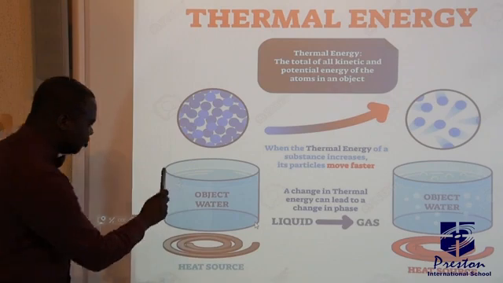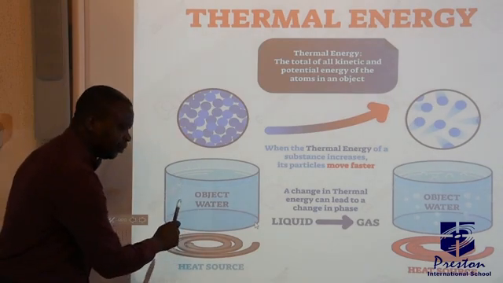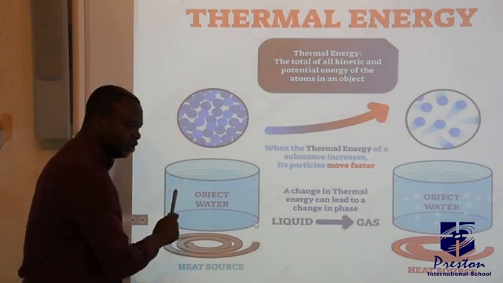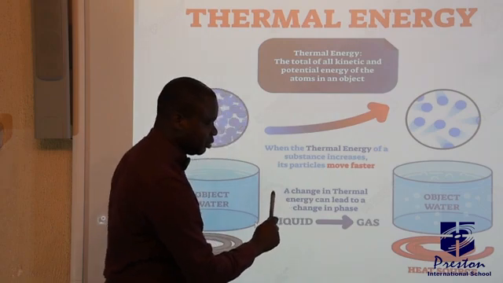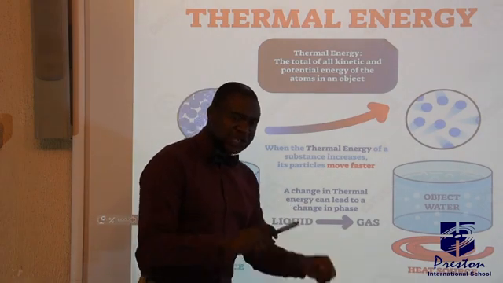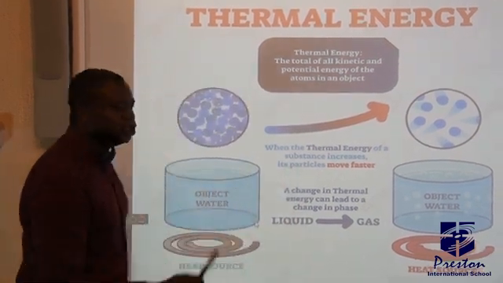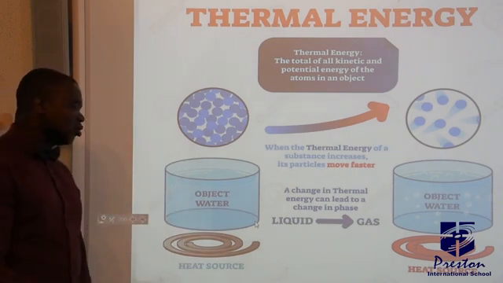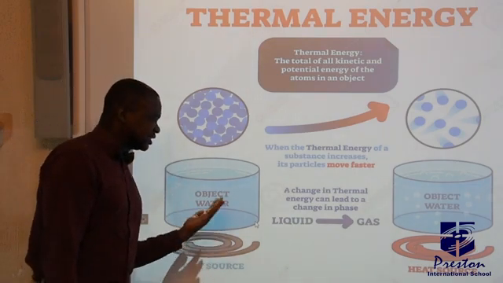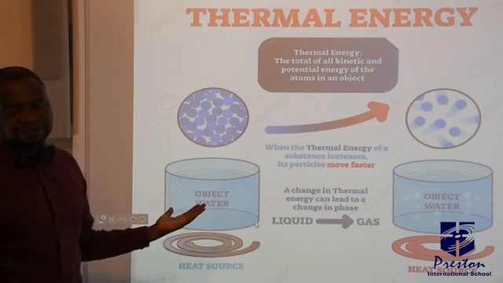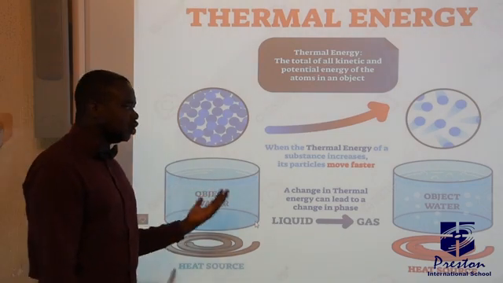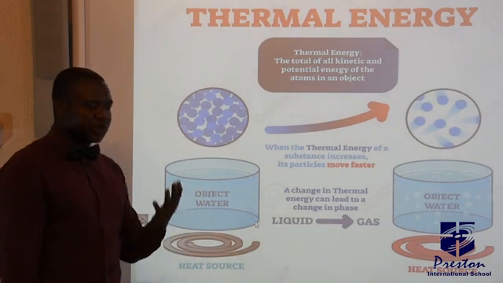If you heat anybody in solid form, it can change from solid to liquid form. If you continue to heat, it will change from that liquid to gaseous form. In simple language, heat can change the state of matter from solid to liquid, from liquid to gas.